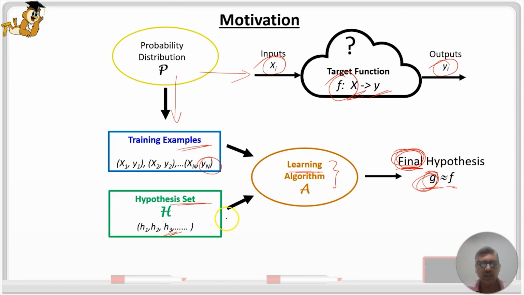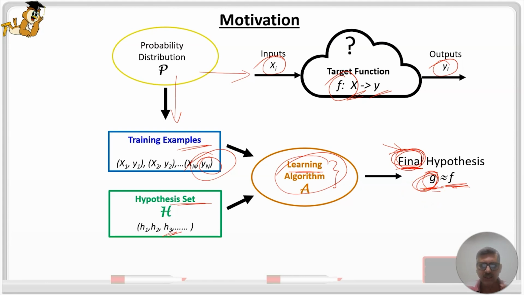So g could be h3, it could be h2, it could be h100, whatever it is, but it is a function from the hypothesis set which is the closest to the target function f, as determined by the learning algorithm on the basis of the training examples. Keep this word in mind, the final hypothesis g, and remember what that is.